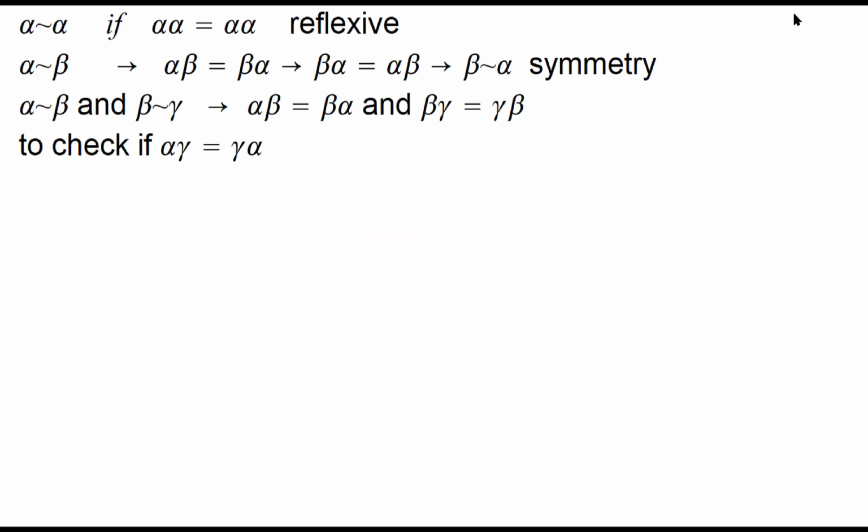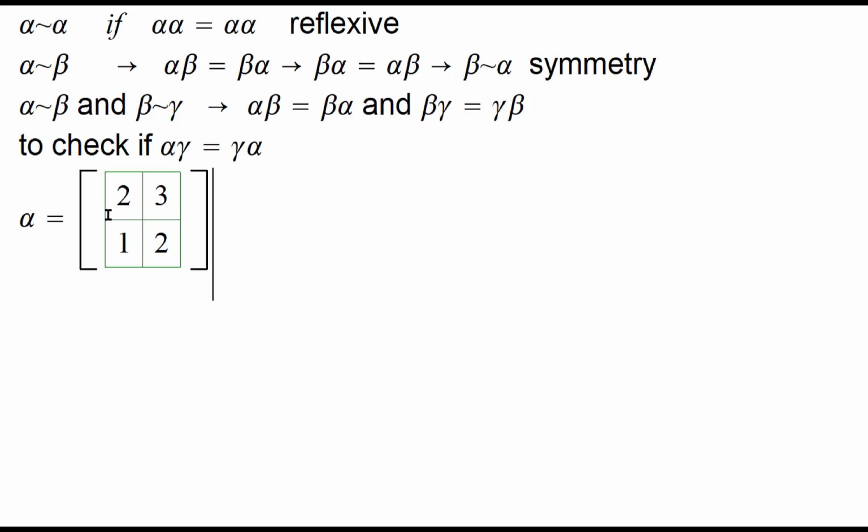So let's say we take alpha to be 2 3 1 2. Now in this case, things sometimes get tricky. I can spend a long time investigating, but I shall try to make this thinking as natural as possible. How do we come up with an example?